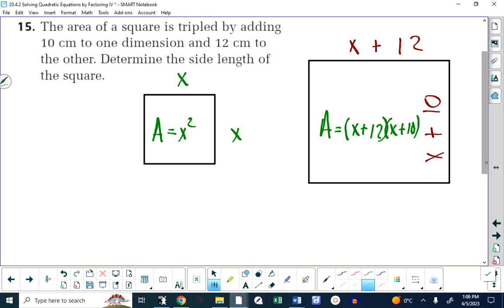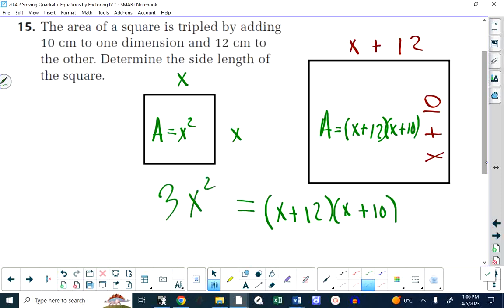Just ponder that. This area is 3 times this area. And there's your equation.